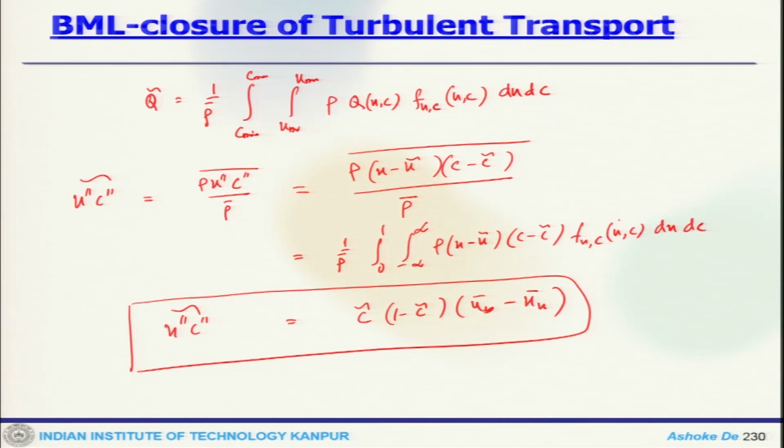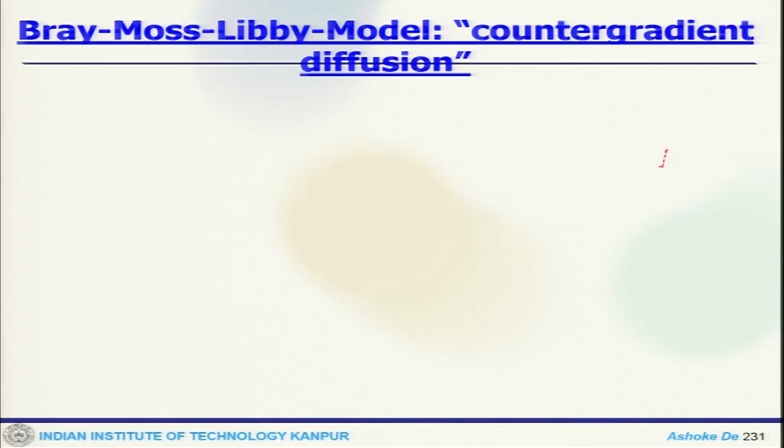Now, another thing is that one can use the counter gradient diffusion. So, let us say we have a flame front like that, with unburned U_U and burned U_B, where rho_U U_U equals rho_B U_B, this is C and this is my flame front.